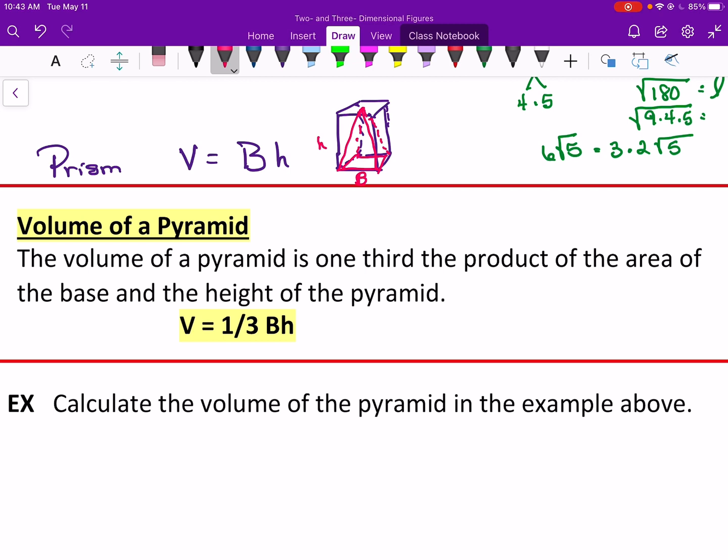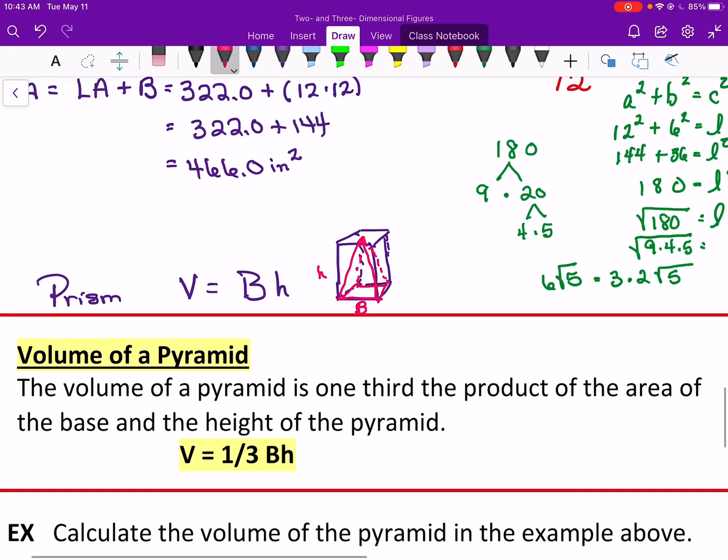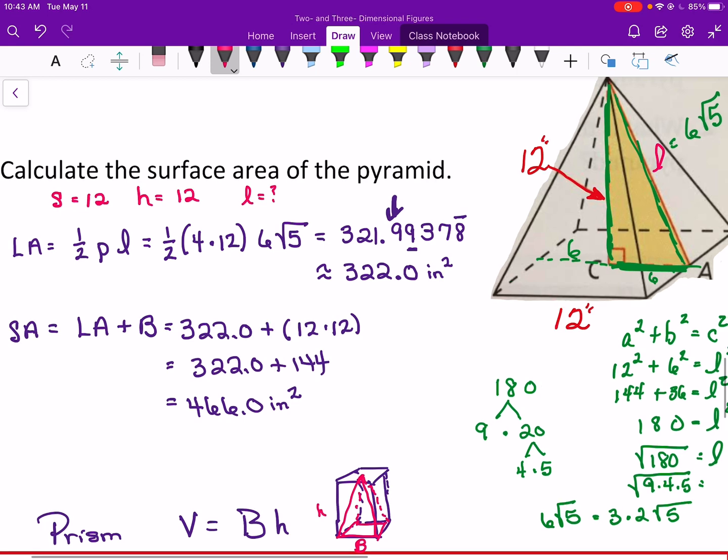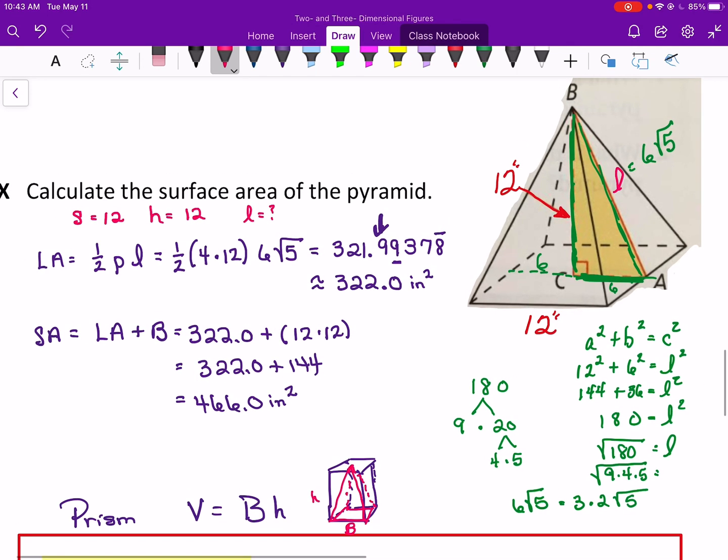Let's use that formula, go up to the example we just did, and let's find its volume. So volume is the area of the base times the height of the prism, and then 1/3 of it. It's like finding the prism and taking 1/3 of it, and that would give us our pyramid.